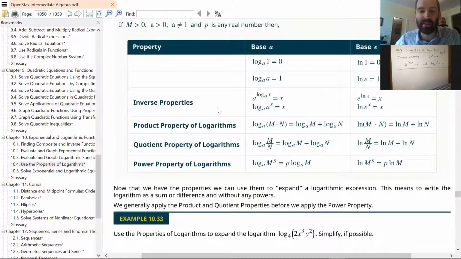That's pretty handy. In section 10.4 of the book, they've got all these different properties. Some of them don't have names. There's just the property that if you take the log of 1, you get 0. If you take the log of the base, you get 1. And then we have the inverse property that we just discussed.